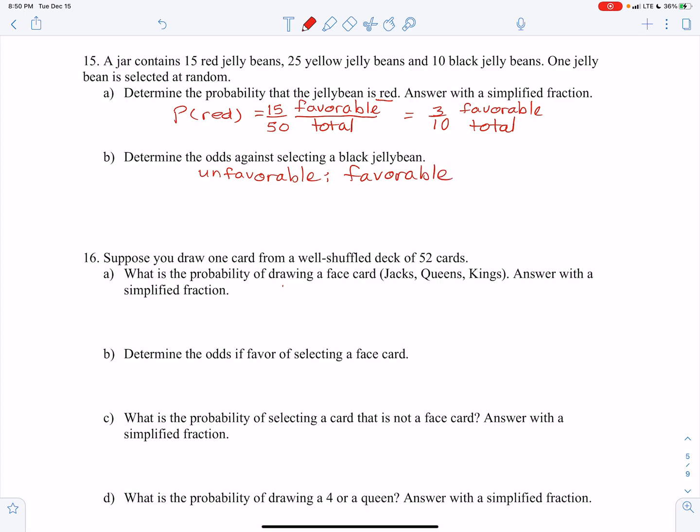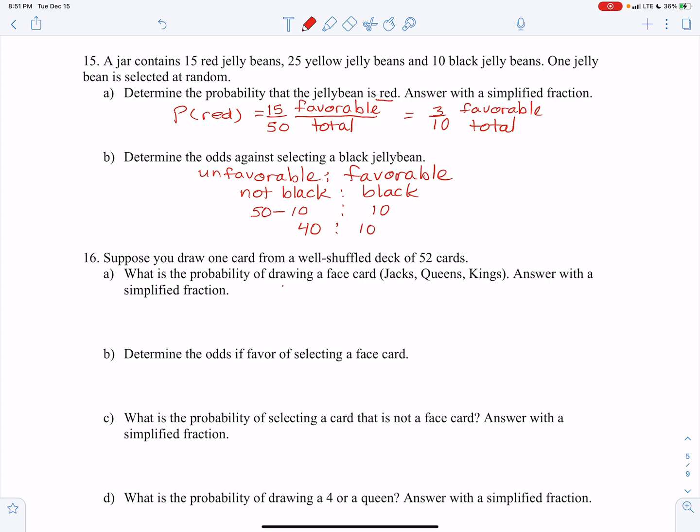So unfavorable would be not black. Favorable would be black. So there are 10 black jelly beans and a total of 50 jelly beans. So 50 minus the 10 black would be the number that are not black, 40 to 10.